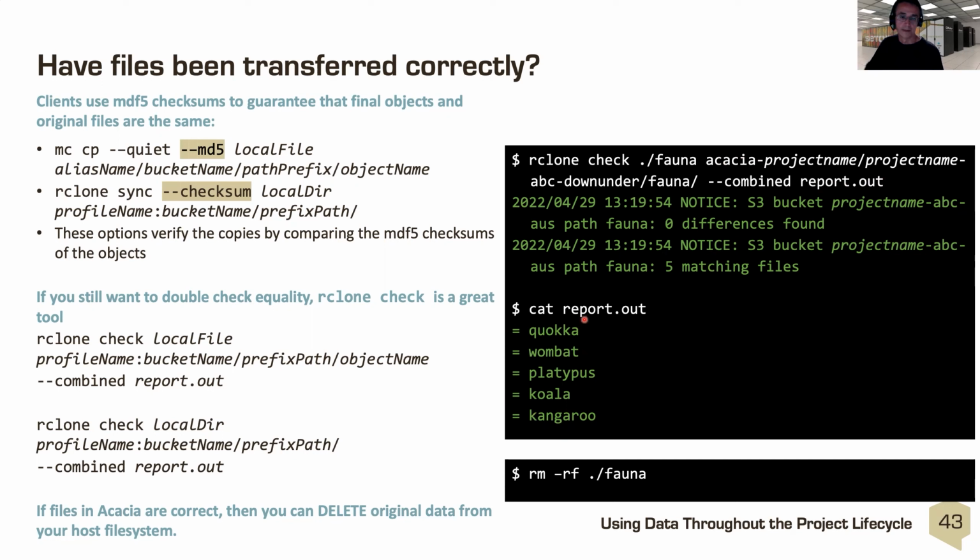If there is any difference, you will see different symbols and some other messages. You can check the rclone help of the check command to see what the report means. But basically, after this check, for this example, where everything is the same, then it is time to delete whatever I have in the original directory.